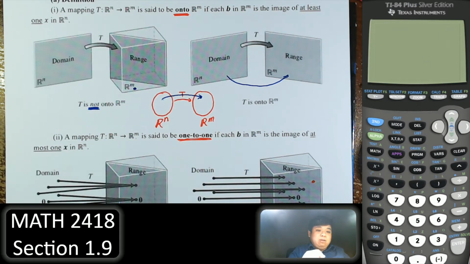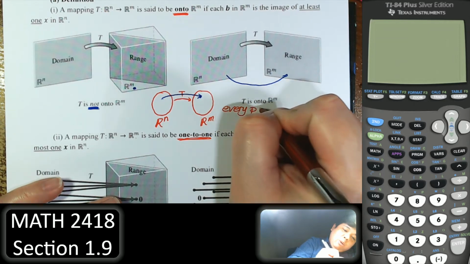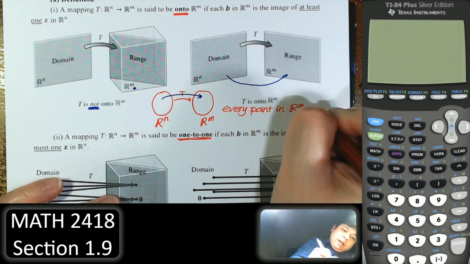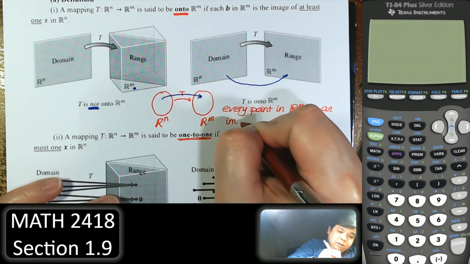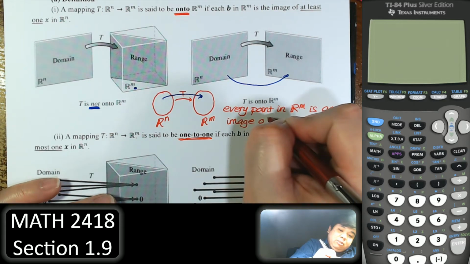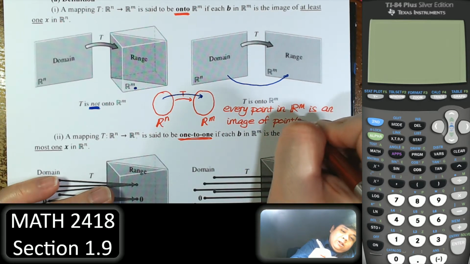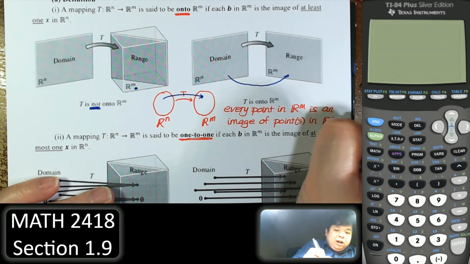Let me write that down. Every point in Rm is an image of at least, I would just say it's an image of a point, could be more than one, in Rn.